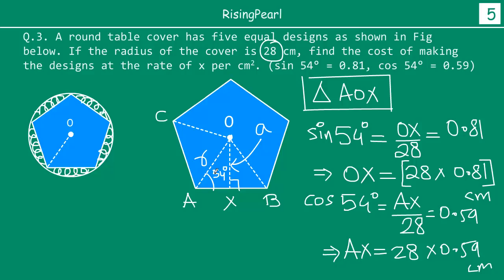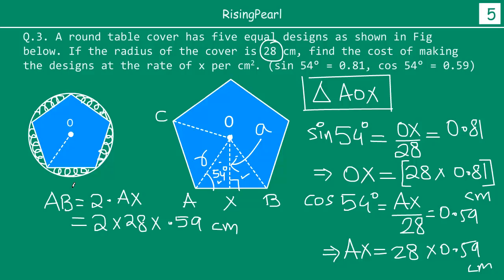Why? Because if you compare these two triangles, you can prove by RHS that these two triangles are congruent, this and this, and so X is the midpoint. So AB is equal to 2 times AX, or 2 times 28 times 0.59. So now this will give us AB.